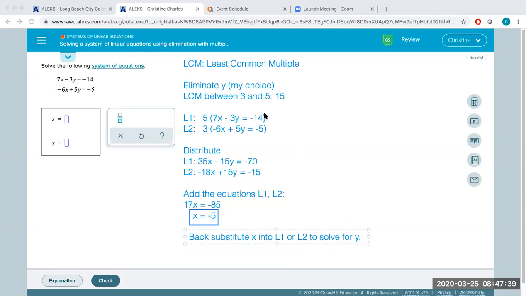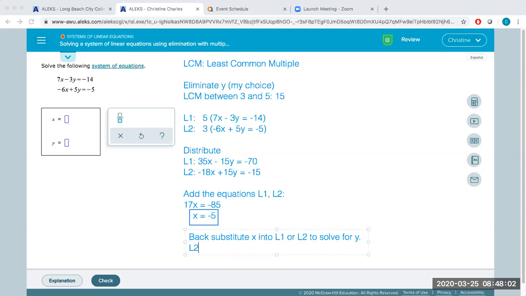So we eliminated one variable of our choice by adding the equations together. We have an equation in one variable now that we can solve. Go back and substitute into one of these equations. I will use line 2 because the coefficients are smaller.